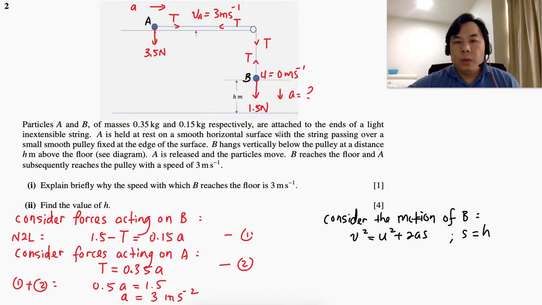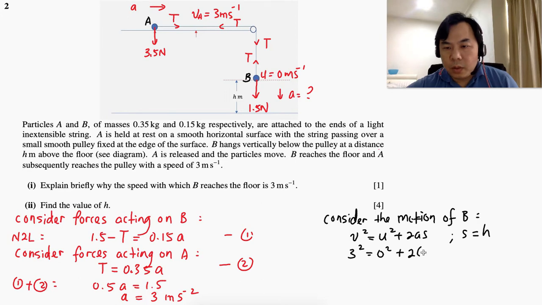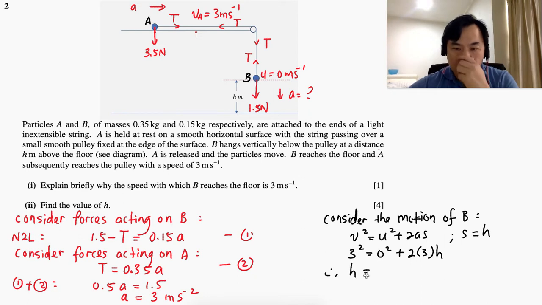We know the final velocity is 3, so that will be 3 squared. The initial velocity was 0 because it was released from rest. The acceleration we have already found, which is 3, and that will be our height. Therefore, we identify the height as 1.5 meters. I hope that is clear for this question.